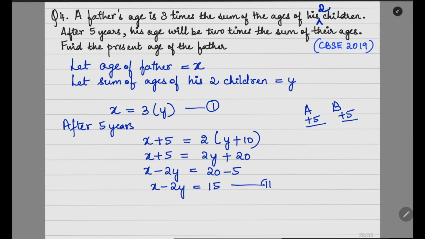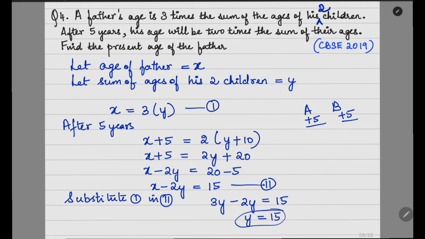This is your second equation. Just substitute 1 in your 2. So you will have 3Y minus 2Y equal to 15, which means Y is equal to 15. What is Y? Y is the sum of the ages of his children. So in order to find X, put it in 1. So you have X is equal to 3 into Y, which is 15.